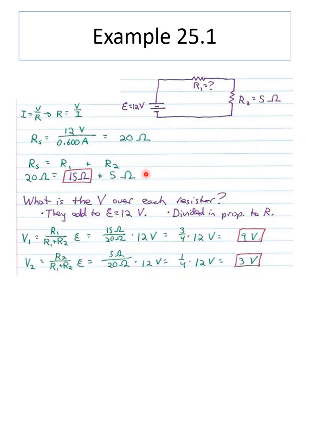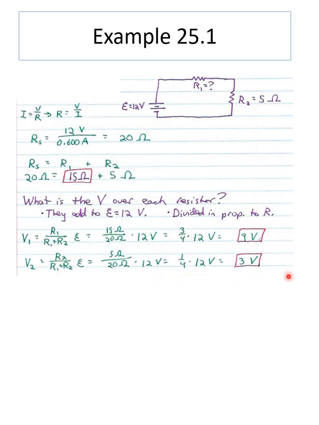So we can use the formulas that I gave on the previous screen, that V1 is R1 over R1 plus R2 times the electromotive force: 15 ohms divided by 20 ohms, times 12 volts, and that gives 3/4 of the total voltage drop. 3/4 times 12 volts is 9 volts. Whereas for the 5 ohm resistor, using the same expression, V2 is 5 ohms over 20 ohms, times 12 volts, which is 1/4 of 12 volts, which is 3 volts.